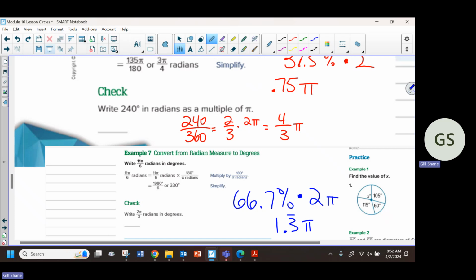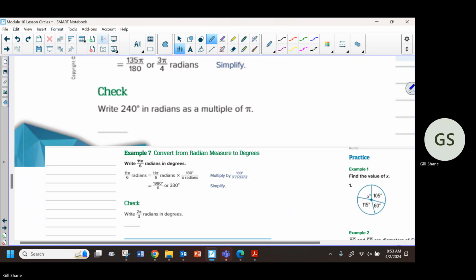All right, so now we are going the opposite direction. I want to take radians and change it to degrees. So what do you think the first step's going to be? What did I say? You're always going to pretty much do this. And what percentage of the circle am I taking up?